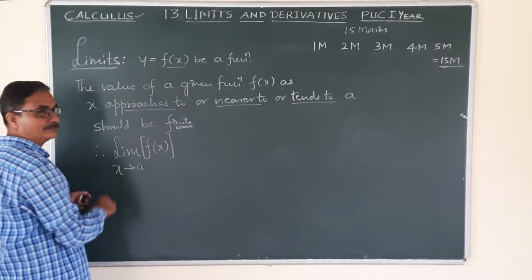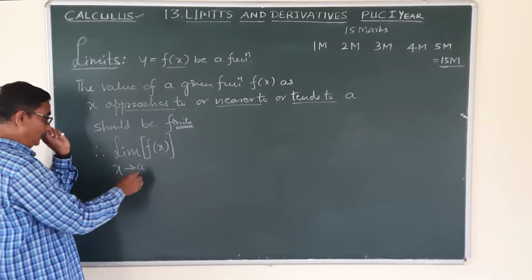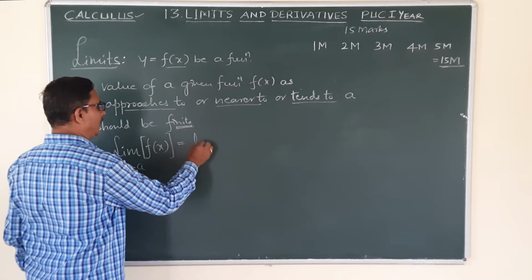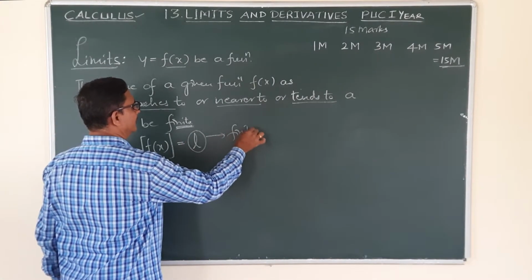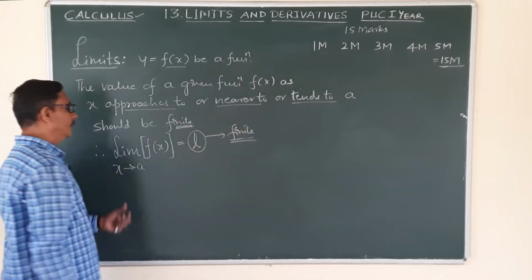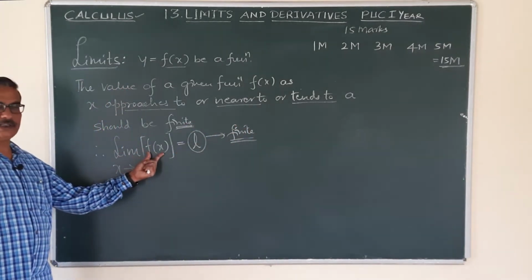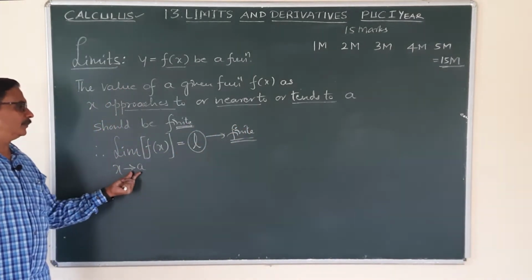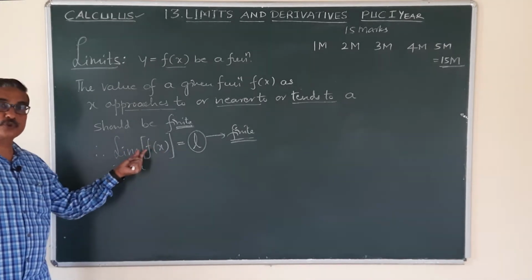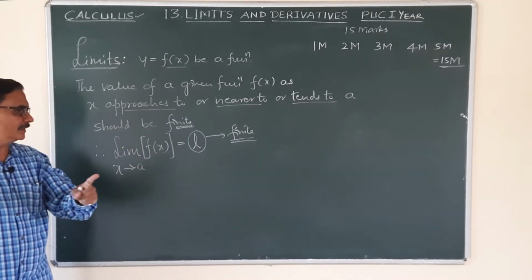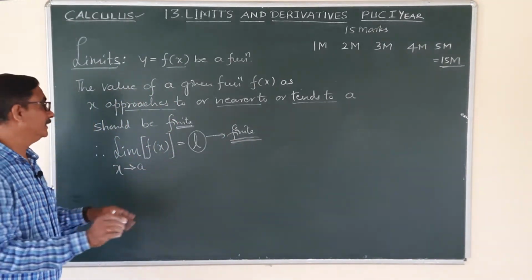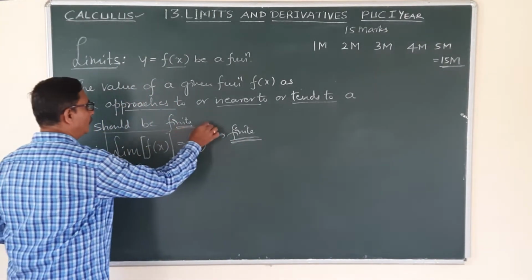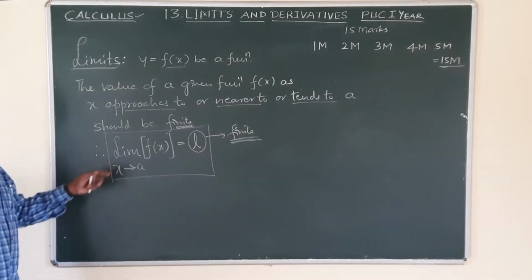Say a, where a is a finite value, is equal to L, where L is finite. When we substitute the x value in the given function, the answer must be finite, not infinite. That is the definition of limit. Mathematically we write like this.